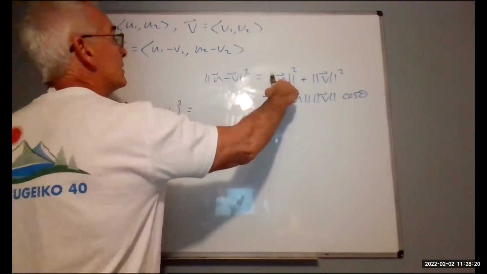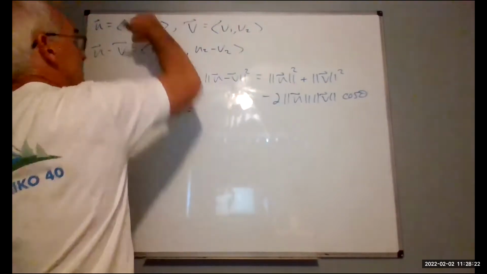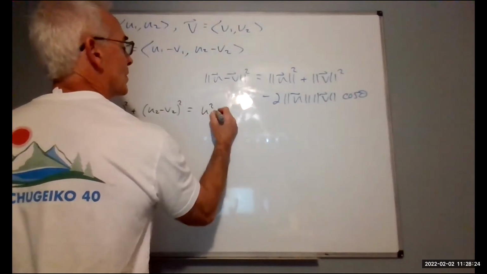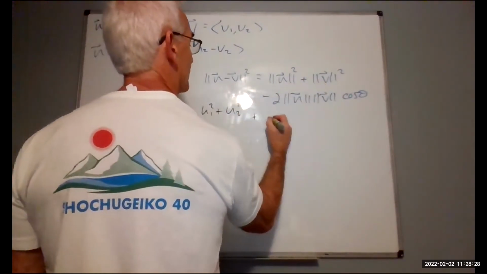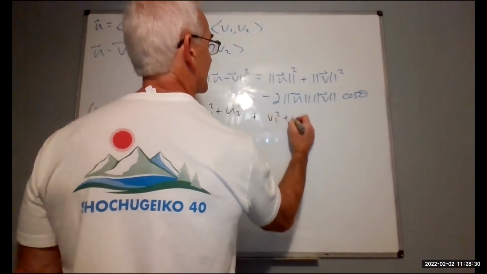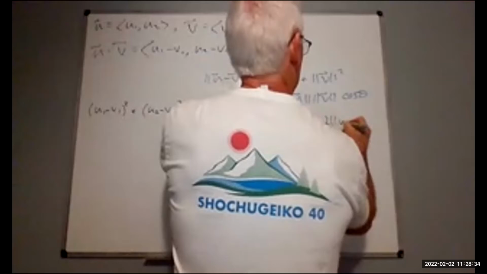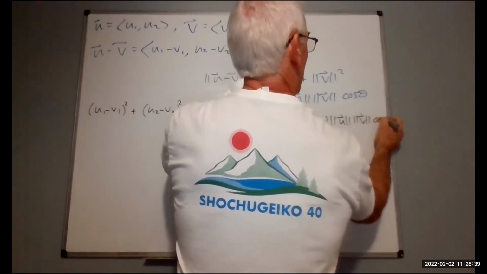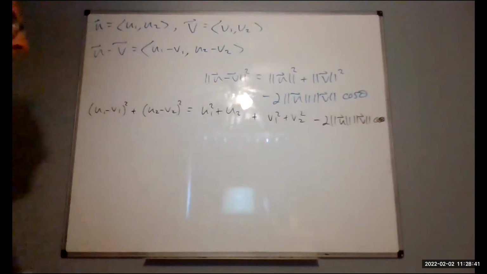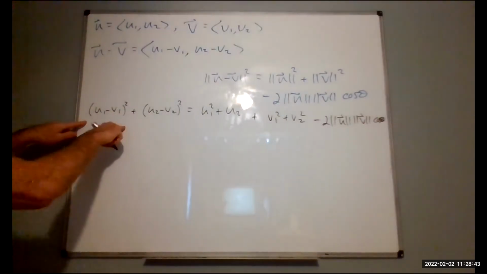Now, that's got to equal the magnitude of u quantity squared, which would be u1 squared plus u2 squared, plus the magnitude of v, v1 squared plus v2 squared, minus 2, and I'm going to leave this in this form for now, because I don't want to write all the square roots.